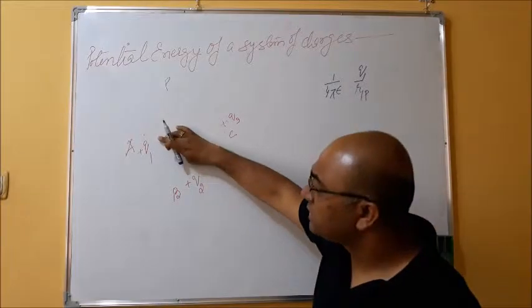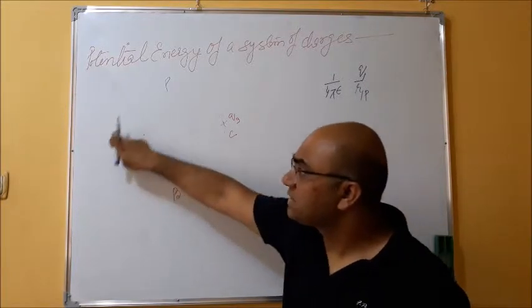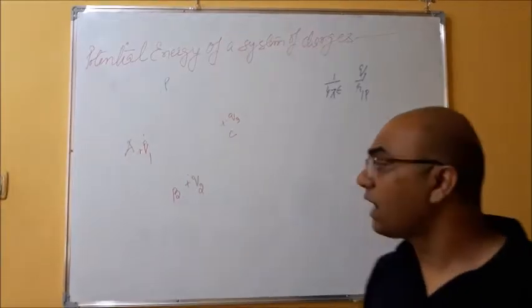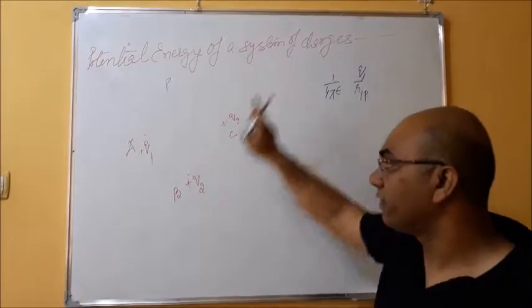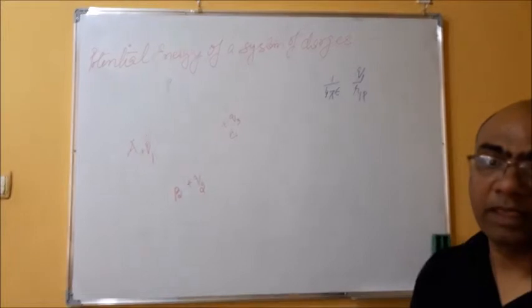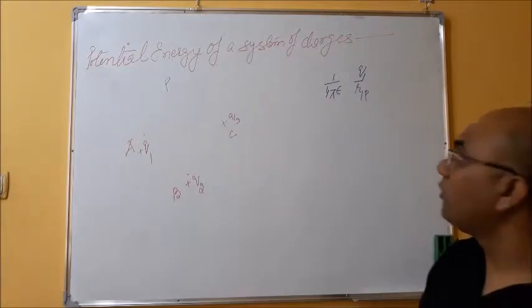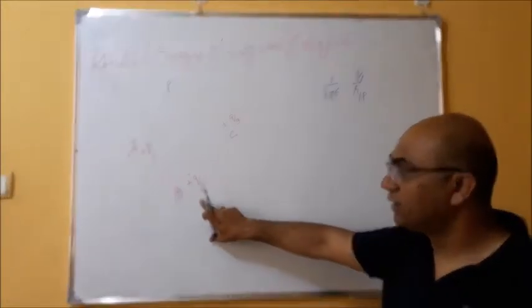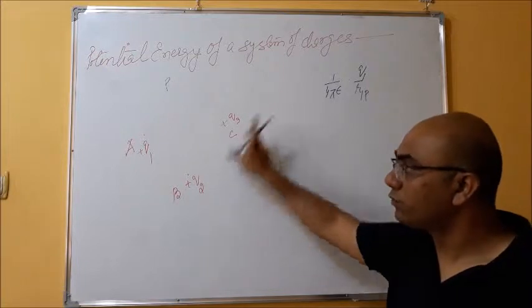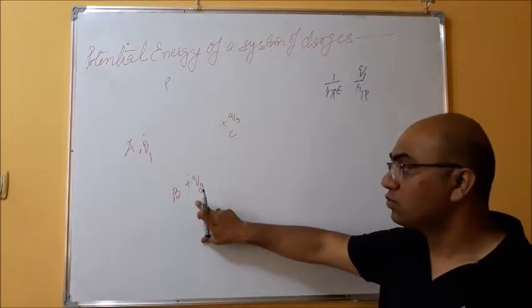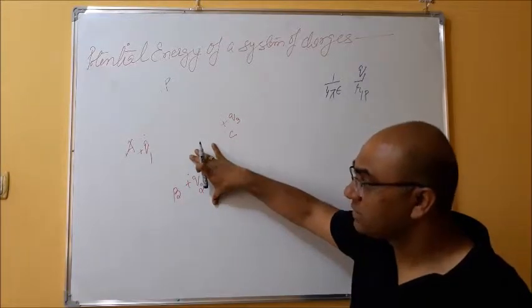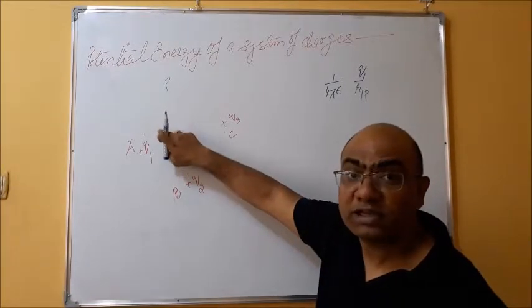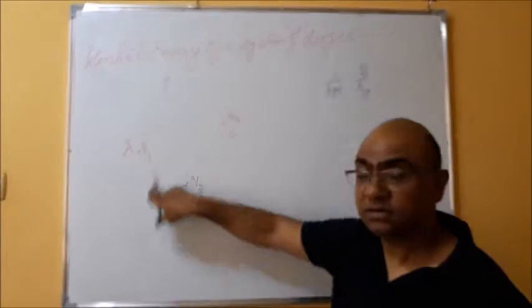Now, since this Q1 is placed at point A, I want to move this plus Q2 charged particle from infinity to point B. If I want to move this charged particle plus Q2 from infinity to B, it will come to this point in the presence of the potential of this point charge.